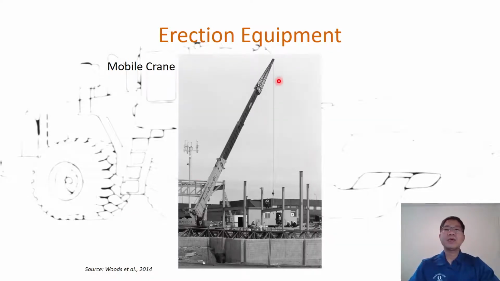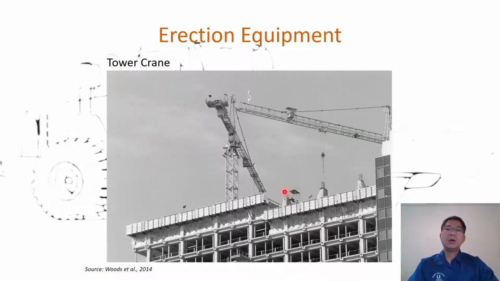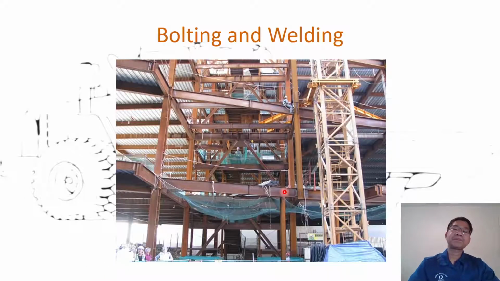Or they can use a mobile crane to erect, in this case, the steel columns. Or they can use a tower crane, as I showed you earlier in the YouTube video, to install the steel members.